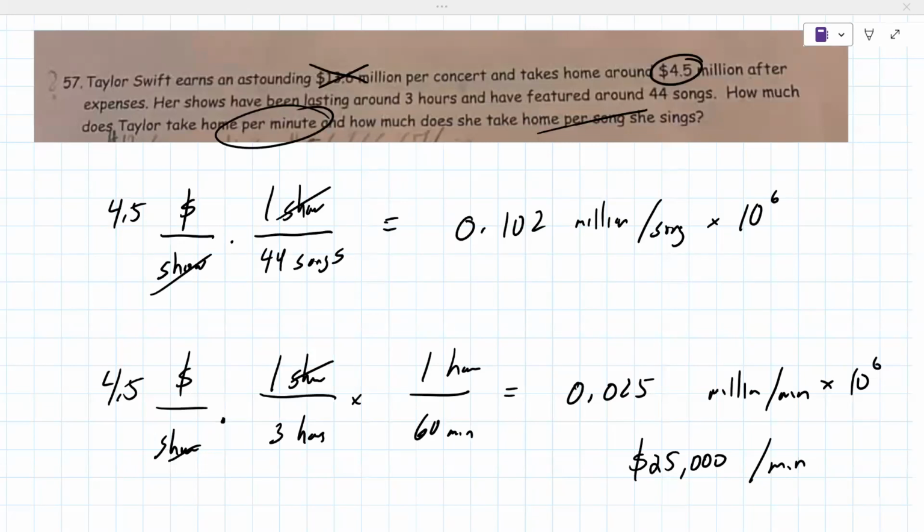This other one is $102,273 per song. Yeah, that's a lot of money.